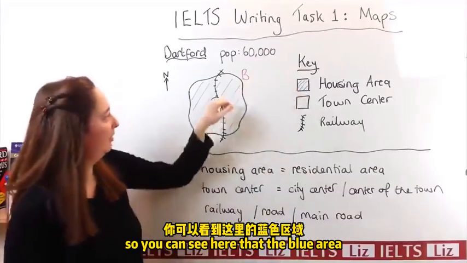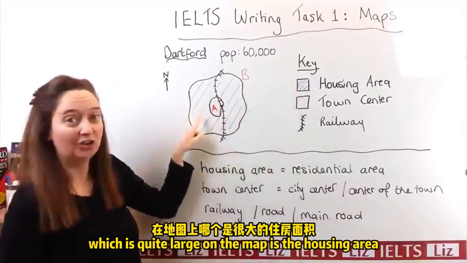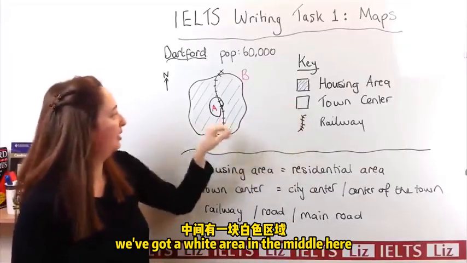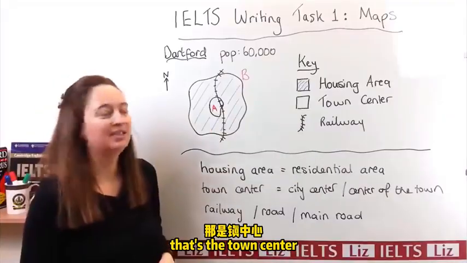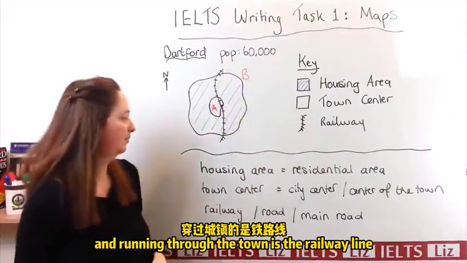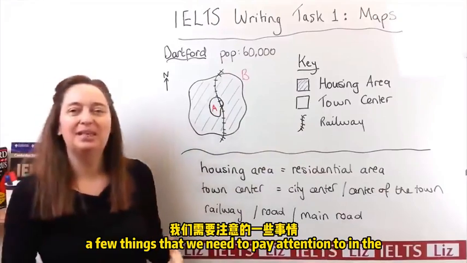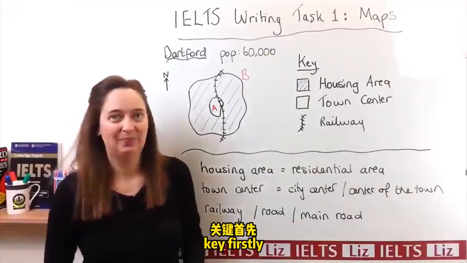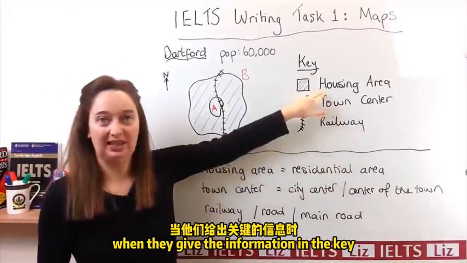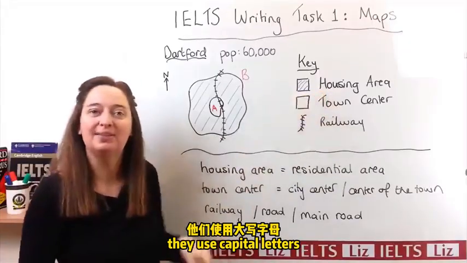So you can see here that the blue area, which is quite large on the map, is the housing area. We've got a white area in the middle here, that's the town centre, and running through the town is the railway line. Now, a few things that we need to pay attention to in the key. Firstly, you can see here that when they give the information in the key, they use capital letters.